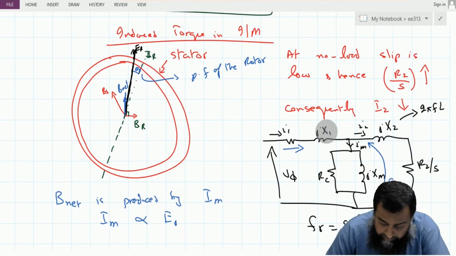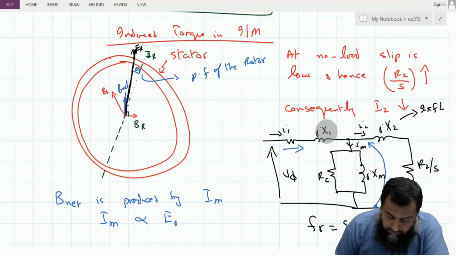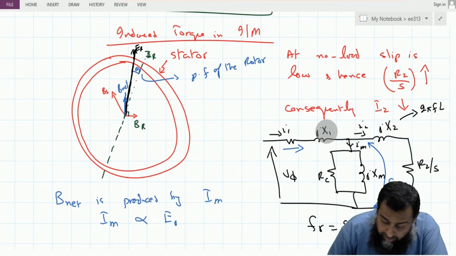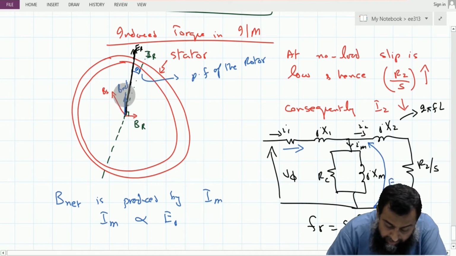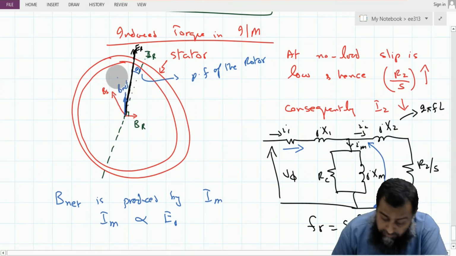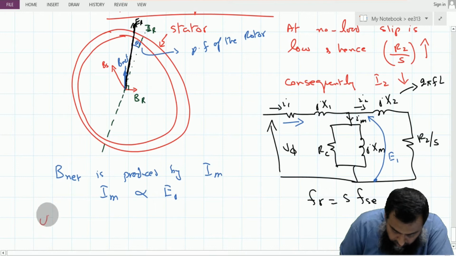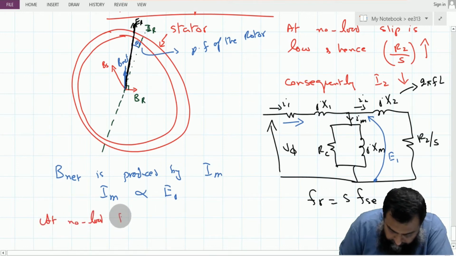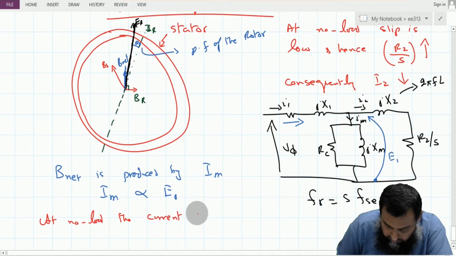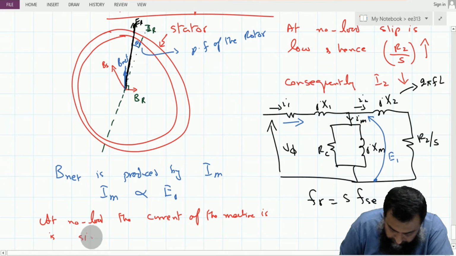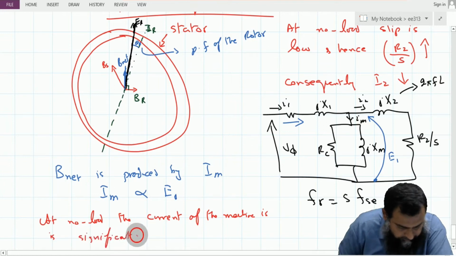Now there is one more thing. If we look at this particular point, this IM is the current which is supplying the B net, and therefore even at no load, the current of the machine is significant, right?